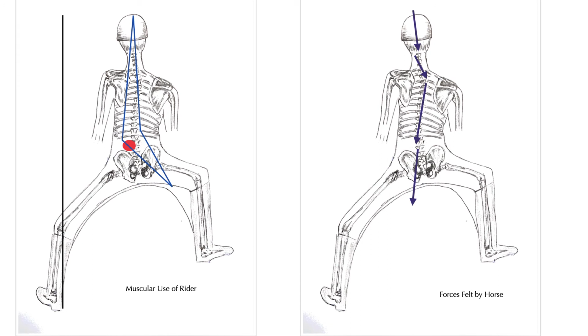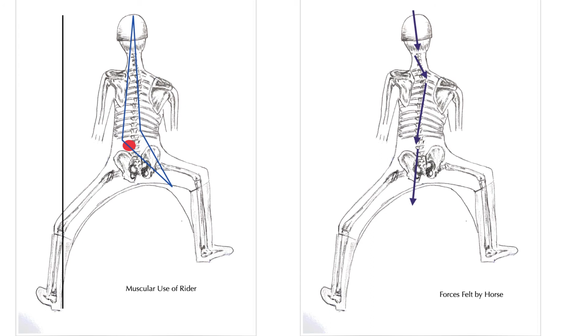So the right low back, all the muscles around the right side of the pelvis, and all the muscles of the right leg are going to be working really hard. And all the muscles of the left upper part of the torso on the rider are going to be working really hard. So that counterbalance of muscular effort makes the rider feel straight, but they're not feeling their own muscular effort.